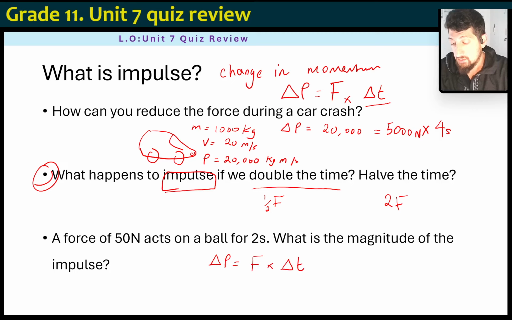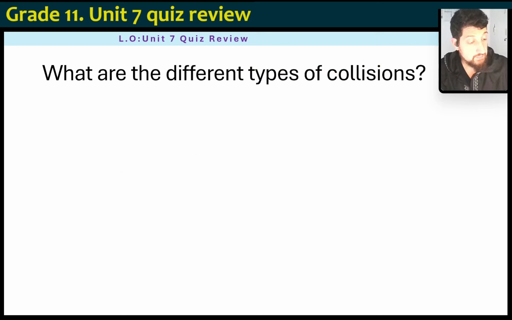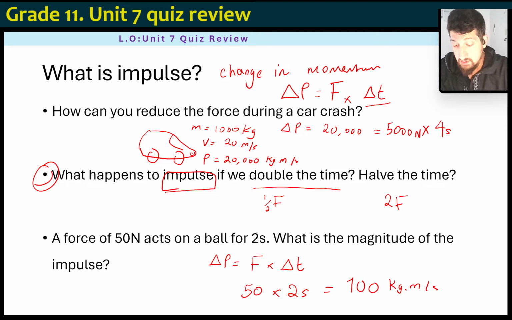We've got the force, which is 50 newtons, and the time, which is 2 seconds, and so the impulse is going to be 100 kilogram meters per second, or you don't have to use the units for momentum. You can use the units for force and time, so you can write 100 newton seconds. Both of these are correct. Okay.